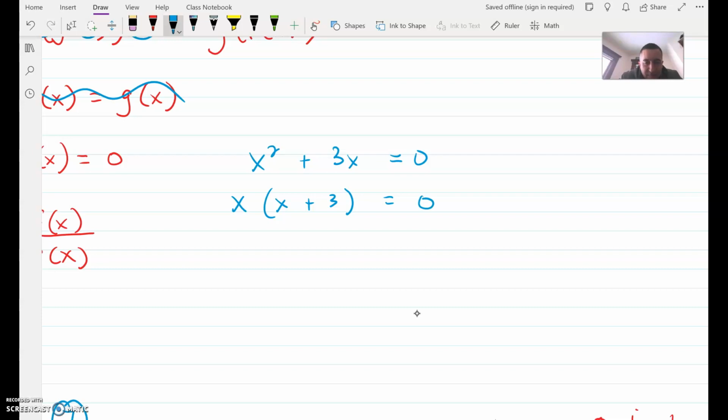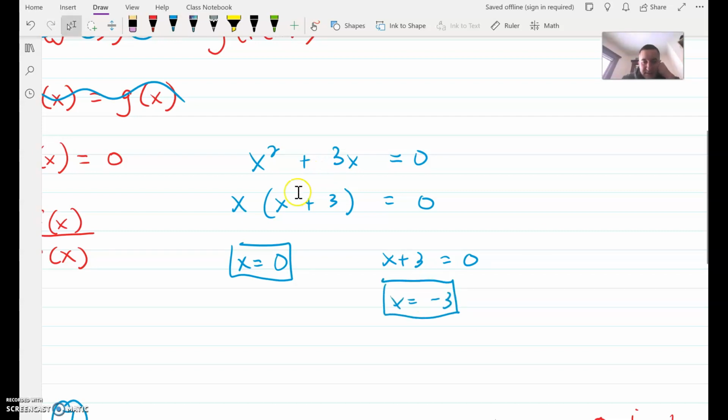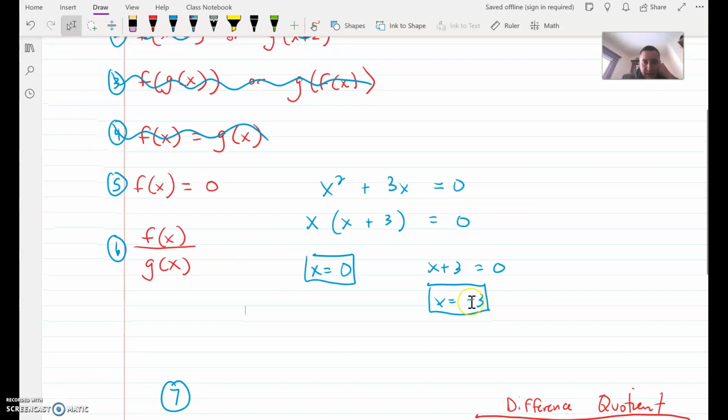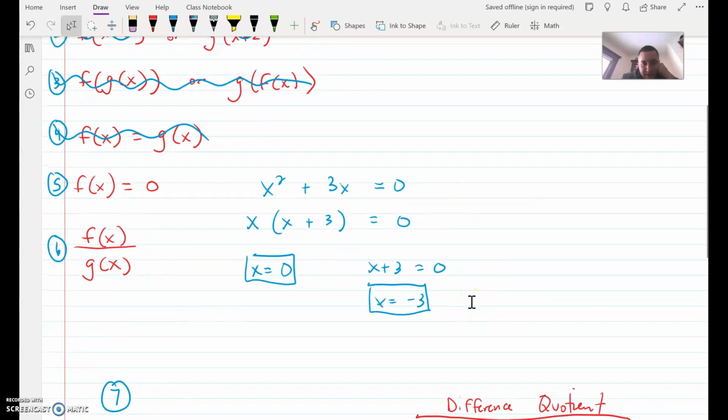In this case, I factor out the GCF of x because now I can set both of those factors equal to 0, which is called the zero product property, and I get my two answers of 0 and -3. So in this case, the f function should go through the axis at 0 and -3.